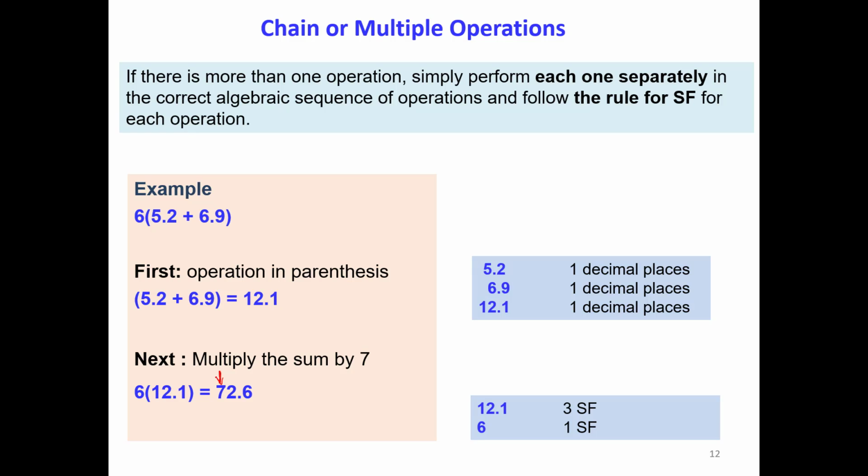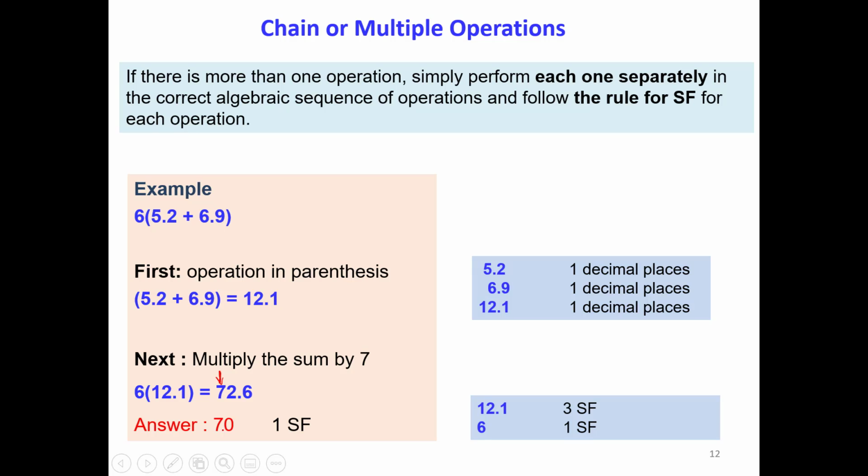Because this number is 2, which is less than 5, we don't need to add anything here, we just write 0. Then the answer is 70.